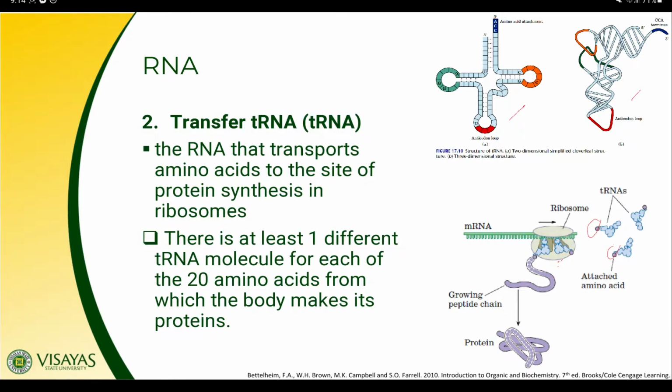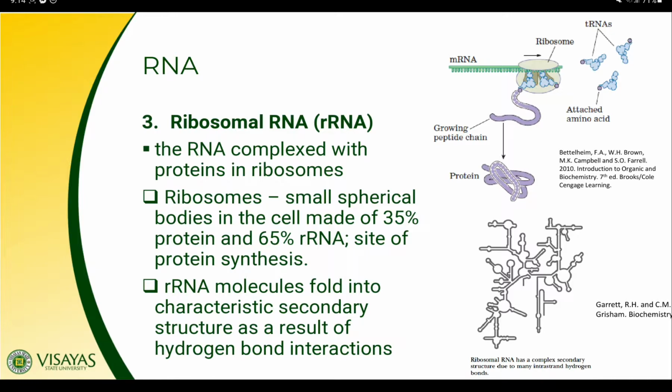The third RNA type is called ribosomal RNA or rRNA. From the word ribosomal, this RNA is complexed with proteins in the ribosome. Together with protein, these RNA make up the structure of ribosomes. Our ribosomes are 35% protein and 65% rRNA.